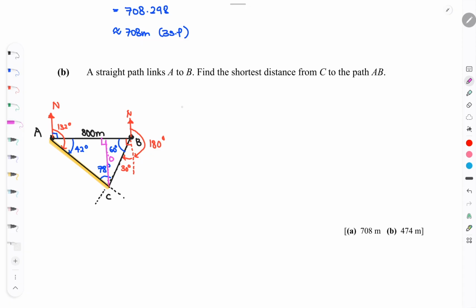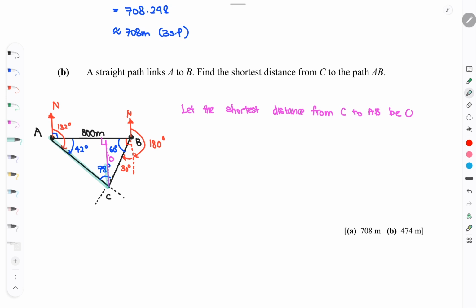So let the shortest distance from C to AB be O. Since I have a right angle triangle, I'll focus on just the green triangle.